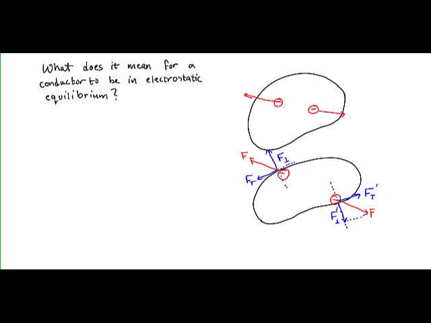Now, if the binding force of the charge to this conductor is strong enough, then the charge will be constrained to stay on the surface. It's not going to pop off unless the force of repulsion is strong enough to cause them to escape the binding force that it has with the conductor.